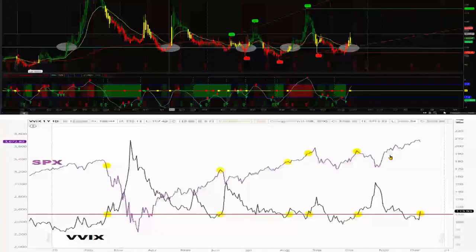Hey, so I was just covering the VVIX, the Voma zone, in terms of what I've been looking at in the market, and I was telling the guys I'm getting bearish for the next couple of months or so, because we are hitting the 110 zone in the VVIX chart.